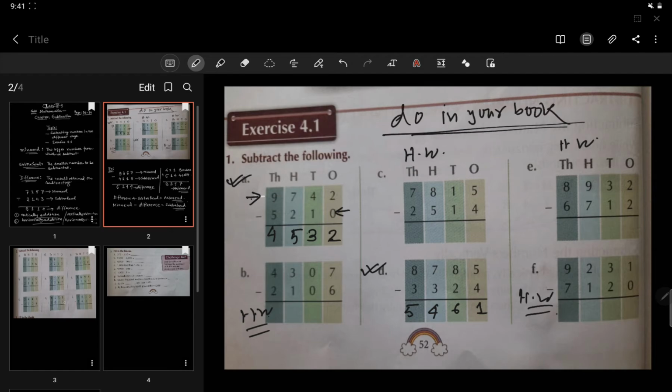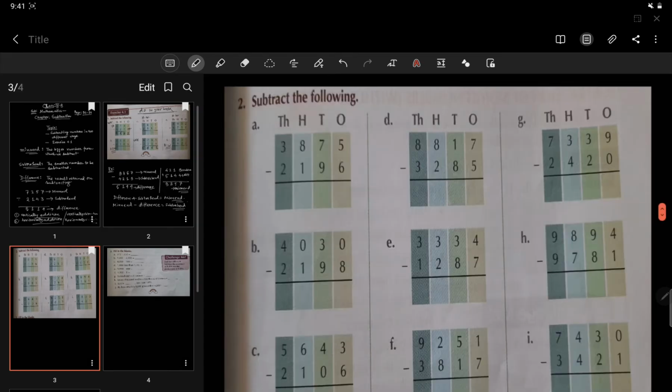Now I am moving to the next part, question number 2. It says subtract the following. Same thing. Question 2a says the minuend is 3875 and the subtrahend is 2196.